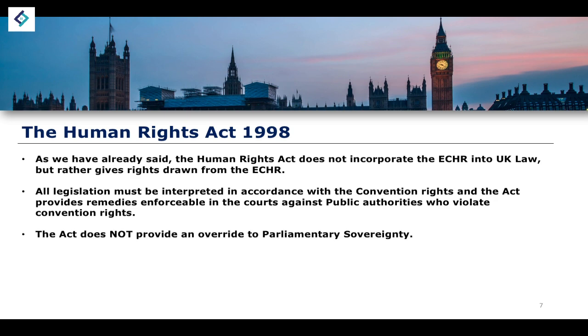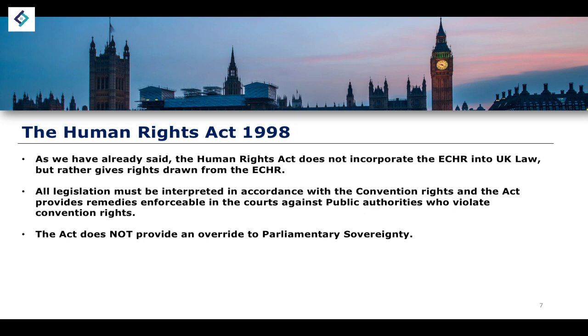The Act does not provide an override to parliamentary sovereignty. And why is that the case? Well, because there is no special entrenchment that the Human Rights Act has in law. There's no special entrenchment that says that future parliaments cannot repeal the Human Rights Act.